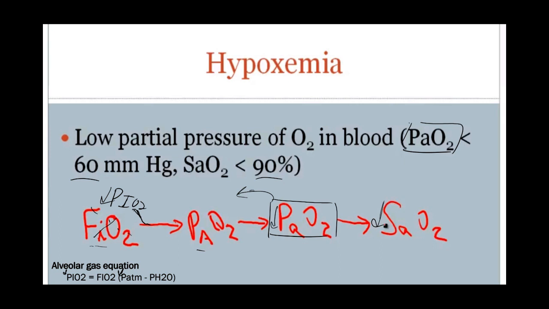If you have a ventilation perfusion mismatch, that can decrease the alveolar PaO2. And we'll go into some other examples of causes of hypoxemia, but those are just a couple. This is a good flow of things to keep in mind. The atmospheric pressure and the pressure of inspired oxygen determines the pressure of alveolar oxygen, which determines the partial pressure of arterial oxygen, which determines the saturation of oxygen.